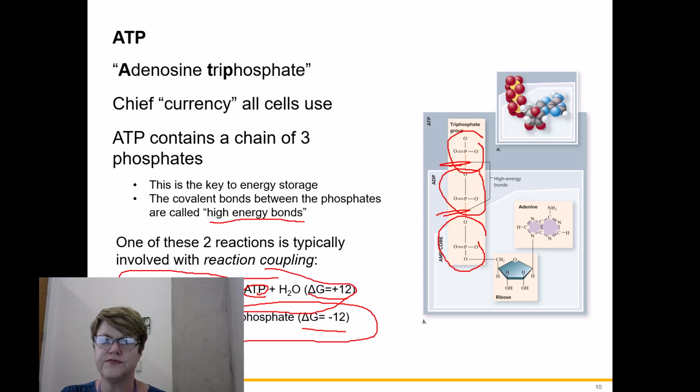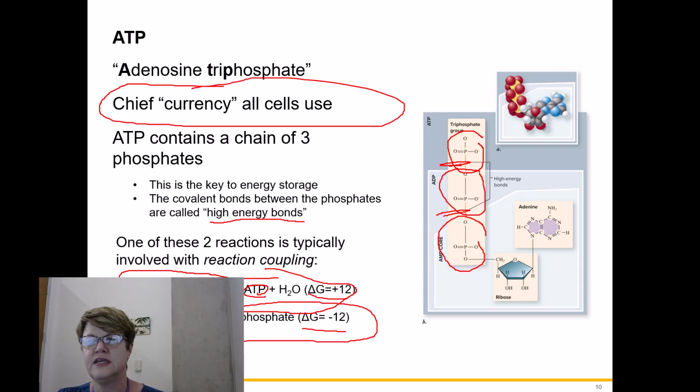So the cell prefers to use ATP for this purpose. Other molecules come into the cell that have energy, but what the cell likes to do is pretty quickly transfer the energy from those molecules into ATP. And then when it needs energy, it breaks down ATP to get the energy back out. So we call this the currency of the cell.